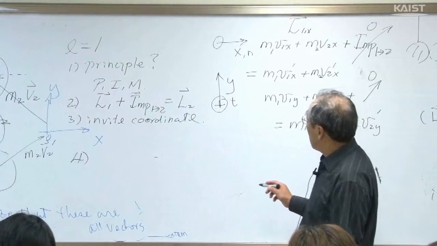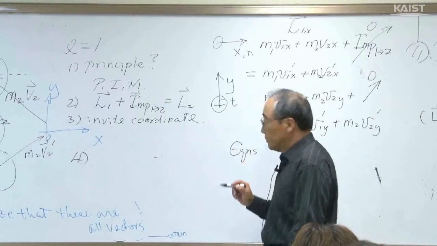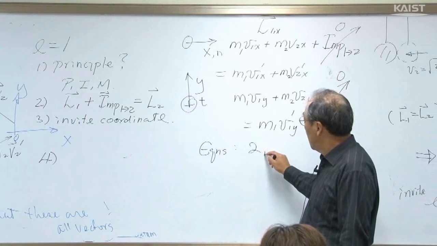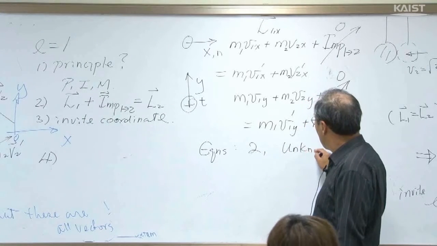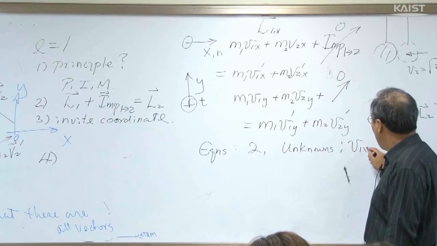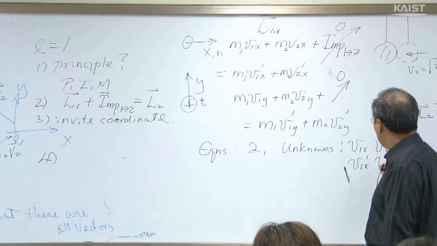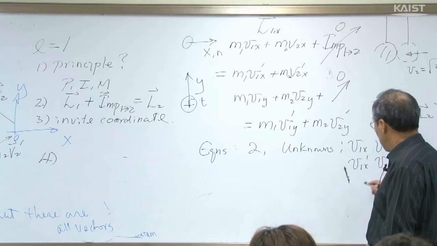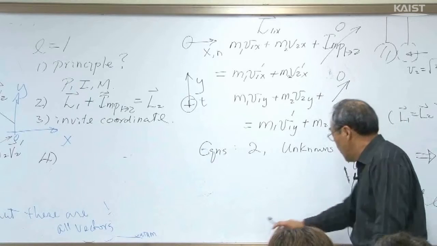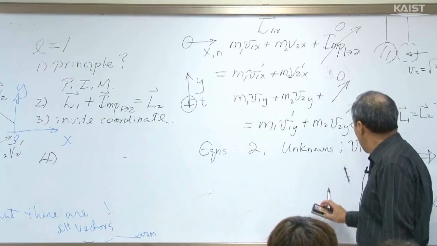So how many equations do we have? We have 2 equations. How many unknowns?